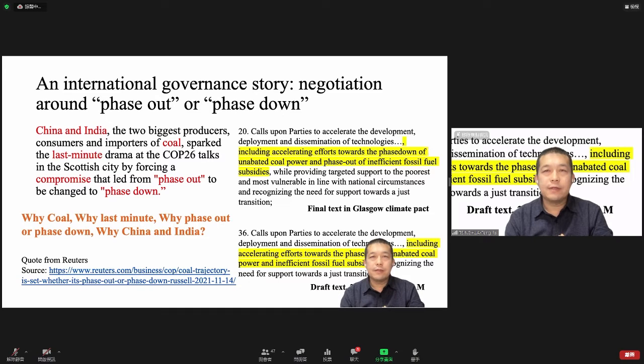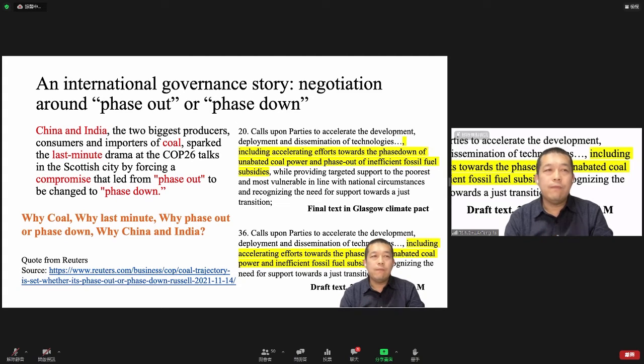But if you compare with the draft text, proposed by the chair before the close of the negotiations, you can see that generally they used the words phase out unabated coal power instead of phase down. And then there was a lot of media reporting on this.